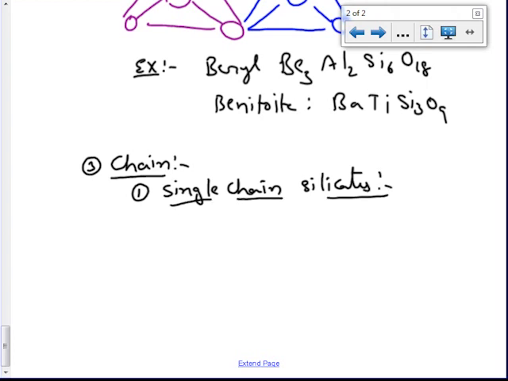Single chain silicates. Single chain means, in the single chain silicates, how they can form? Here also two oxygens are shared, two corners of the other tetrahedron.